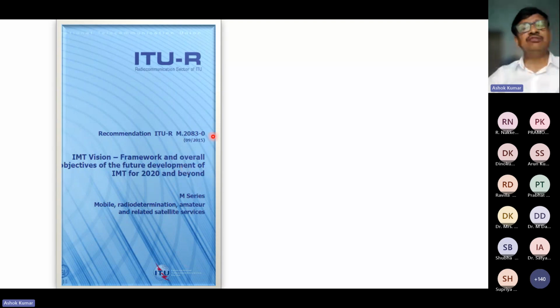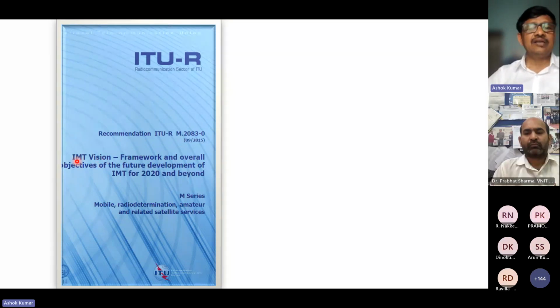In the year 2015, that was September 2015, for 5G they released a document called M.2083. This document I have shared in the folder, which is accessible to all of you. This gives the vision of 5G. This is called IMT, International Mobile Telecommunication Vision.